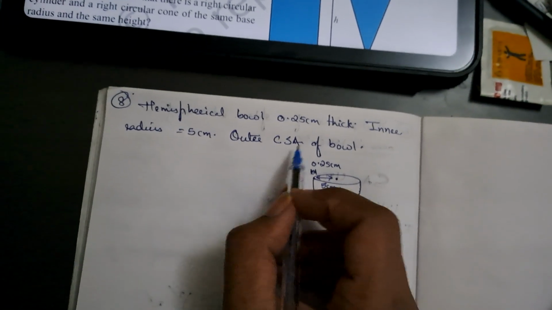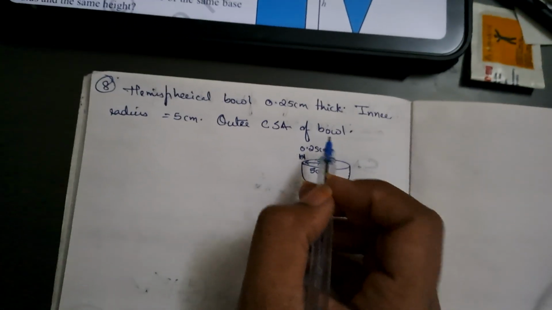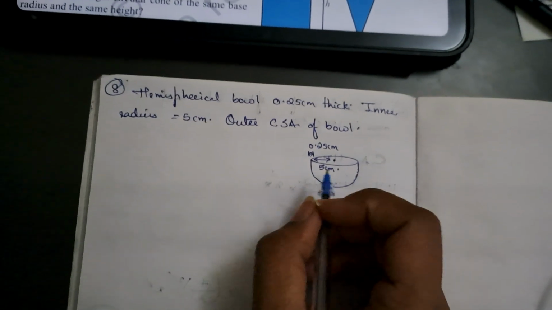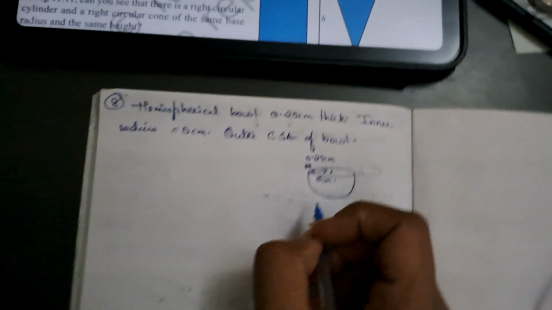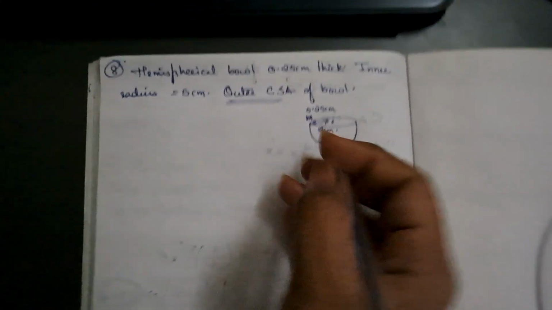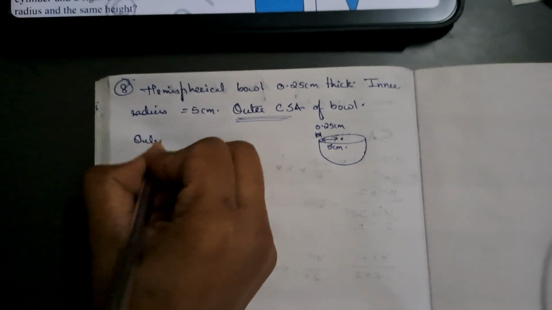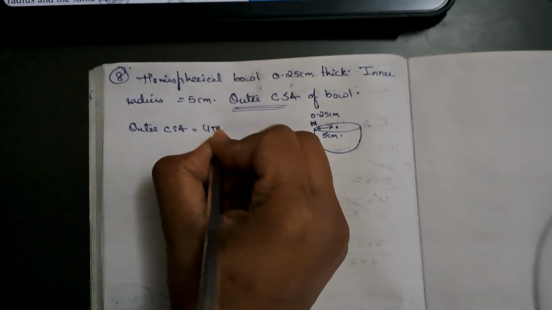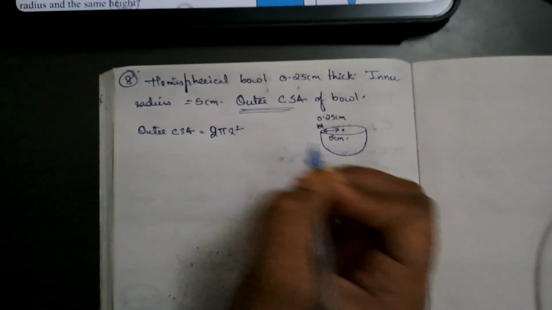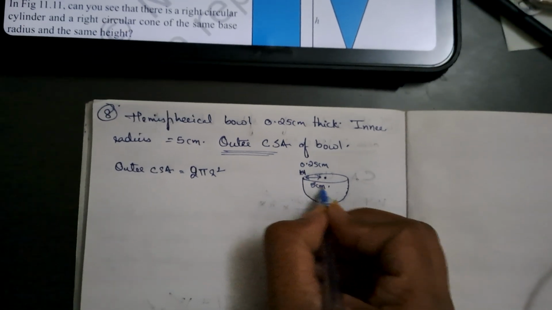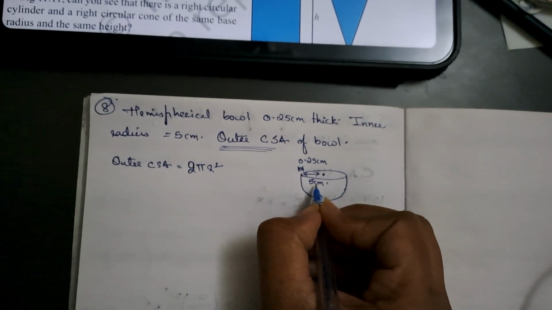Find the outer CSA of the bowl is being asked. Most of the time students will mess up, thinking that they're just asking the inner CSA, but no, he's mentioned outer CSA. Now when we are talking about the outer CSA, the formula would remain the same. 2 pi r square would be the formula, but r would be the thickness of the bowl plus the inner radius that is given.